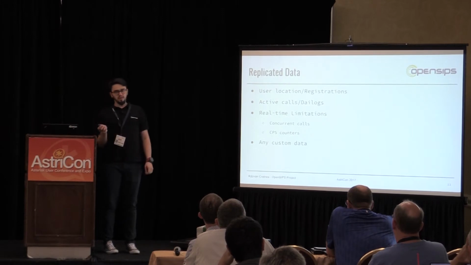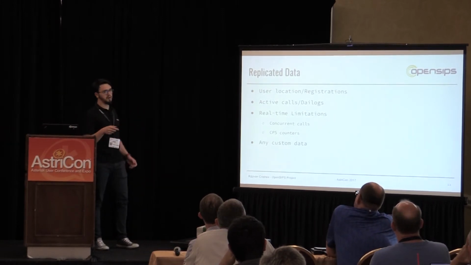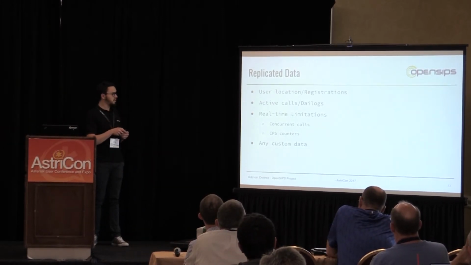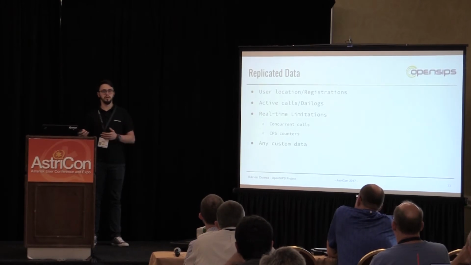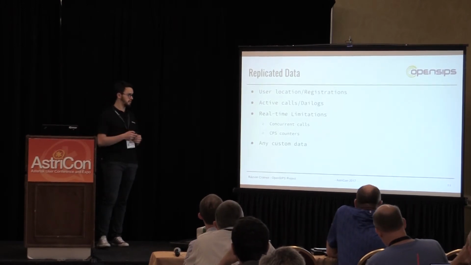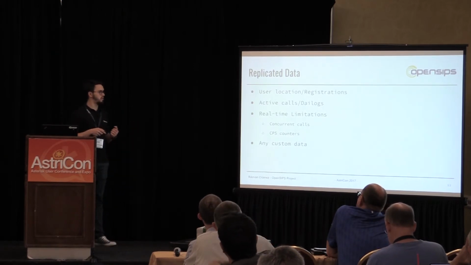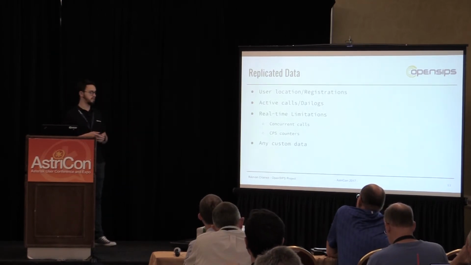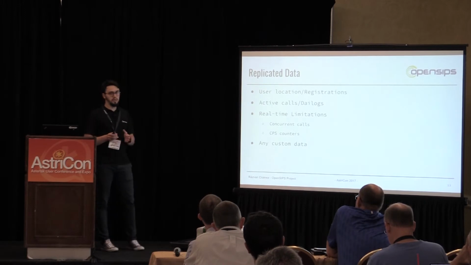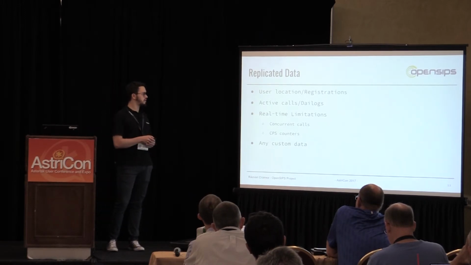Okay, what kind of data can we share? Well, as we have seen, we need to share the user location, or the user registration information. We also need to share the ongoing or active calls, the dialogs, as they are called in SIP. We might need to share some rate limiting information.